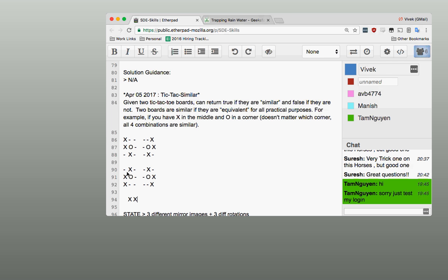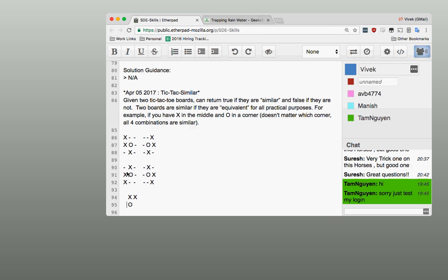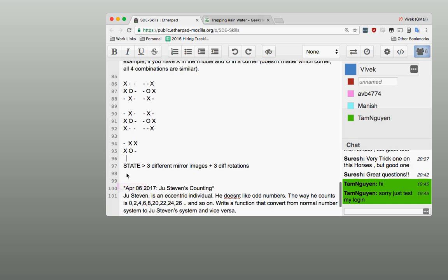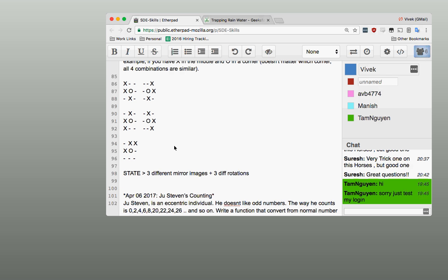So this is a rotation, right? 94 is a rotation of the first one, correct? Yes. It's a rotation where I've done a clockwise 90-degree rotate. Okay.